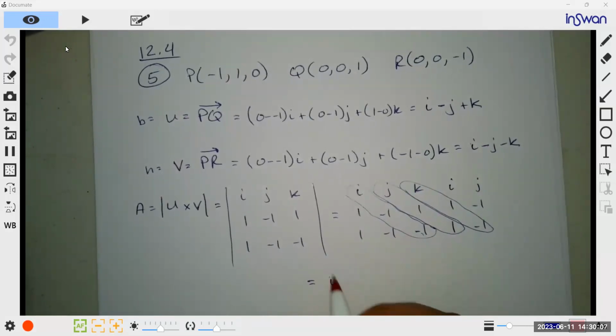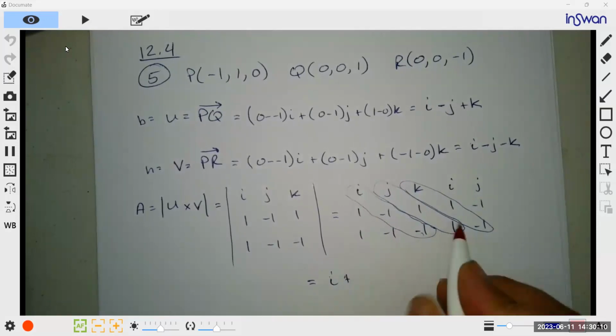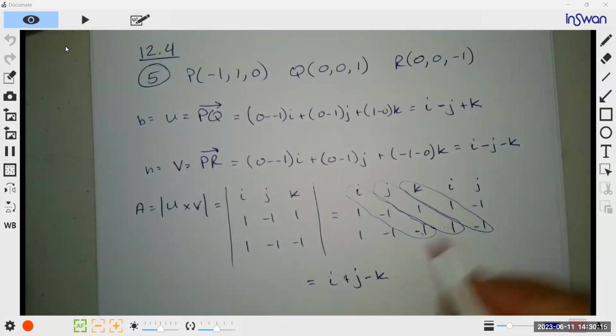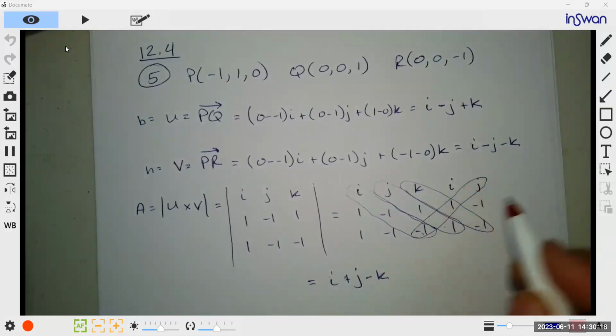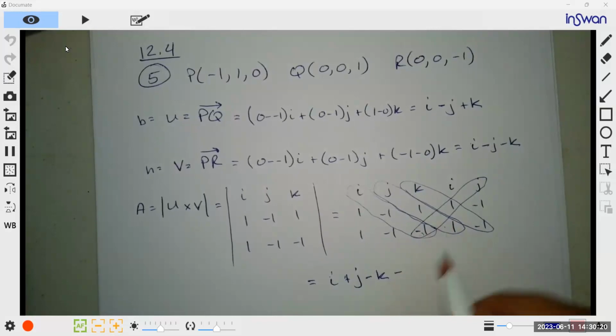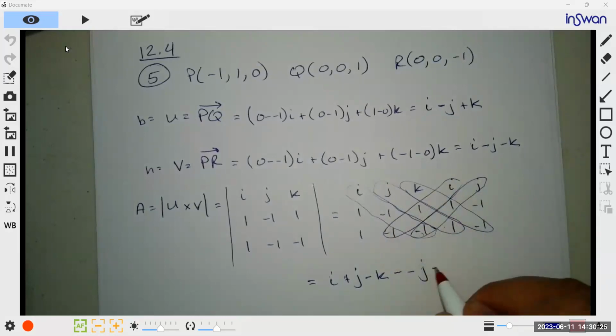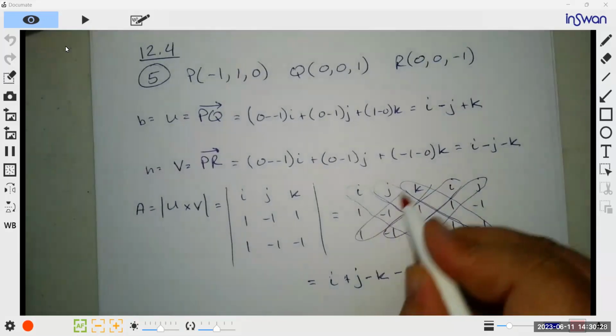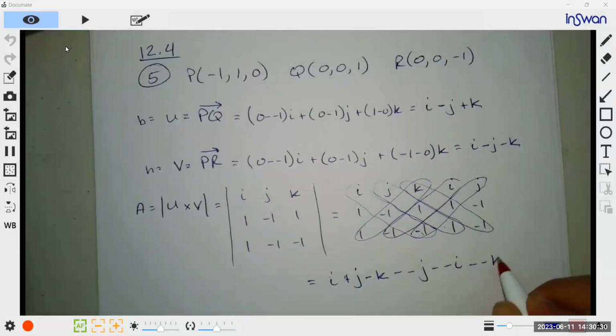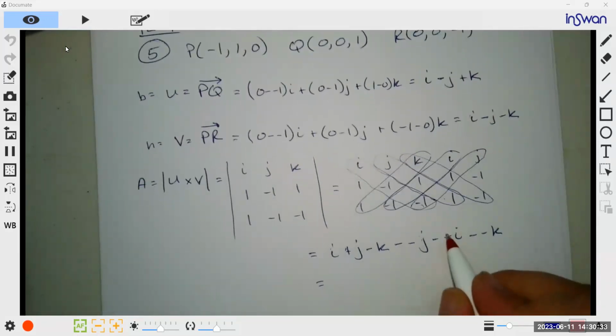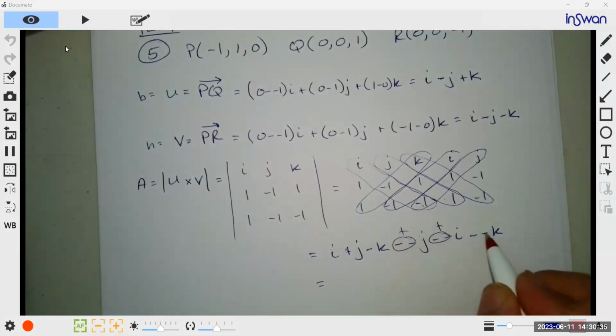Negative is a positive I. 1 times 1 is 1. That's a J. Minus K. Now these are going to be minus. So minus a -1, or negative J, minus a negative I, minus a negative K. So I plus I is 2I.